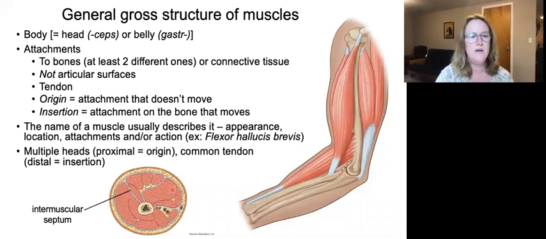One other thing to point out is that another place that muscles can attach to, in addition to bones, many muscles, especially in the limbs, attach to other bits or sheets of soft tissue. What we're looking at here is a cross-section through the thigh. This is the femur right here, and you can see that there are muscle groups here.